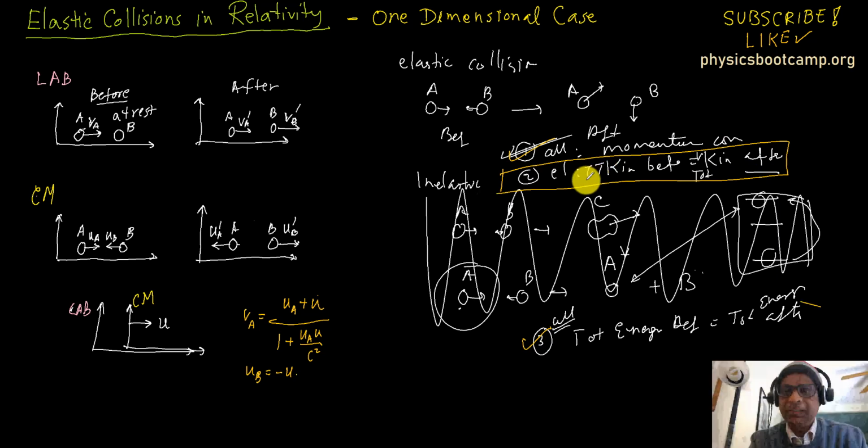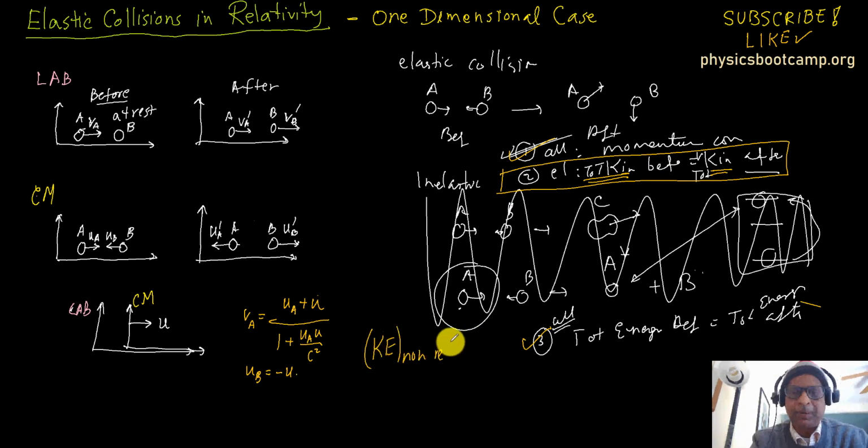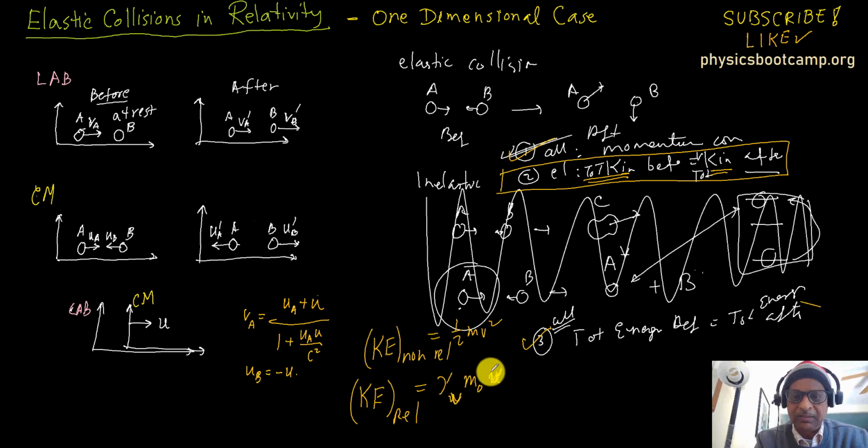Now, for the total kinetic energy, non-relativistic kinetic energy is just the formula half m v squared, but relativistic energy is actually gamma m0 c squared, where the v part is kind of hidden inside gamma.